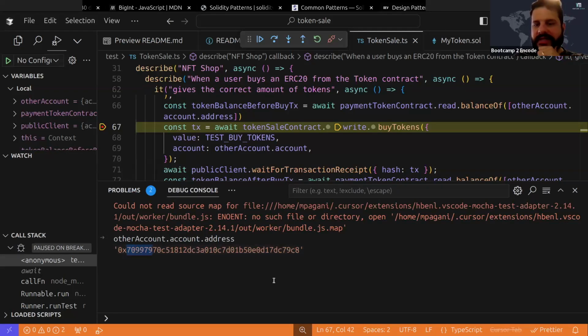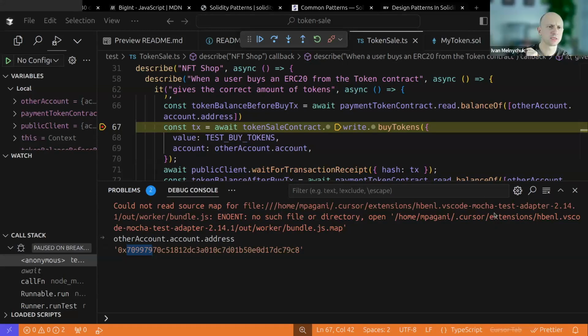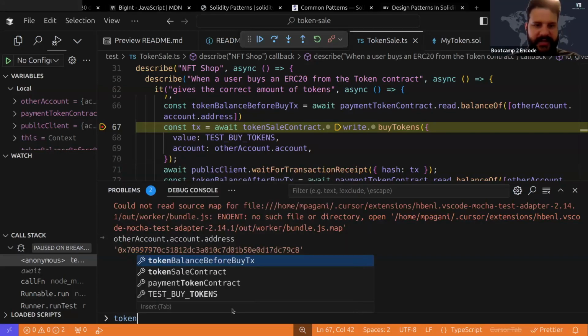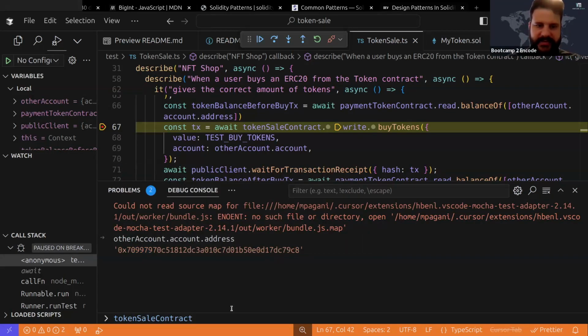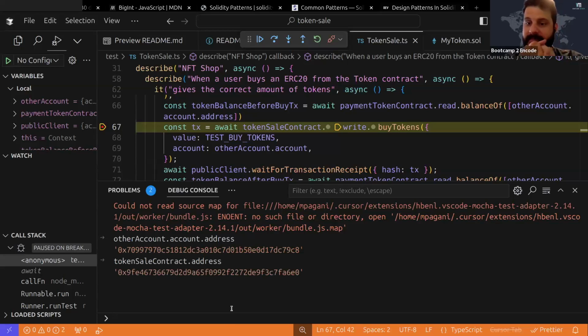Is that account missing the role? It's not, right? Must be someone else. Oh, is it the token sale contract itself? Let me see. Token sale contract address. And yes, the token sale is missing the minter role.